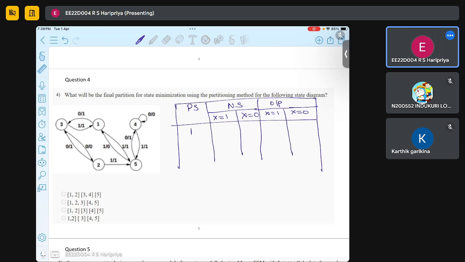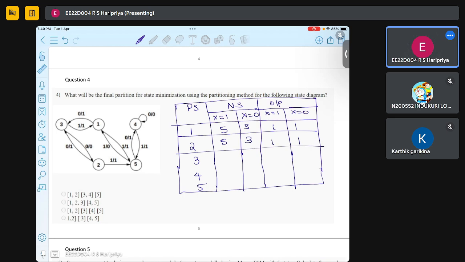Present state 1, 2, 3, 4, and 5. So based on this, from the diagram, we have to fill this table. So it will be 5, 3, 1, 1. Again 5, 3, output will be 1, 1. 1, 2, output will be 1, 0. 5, 4, 1, 0.